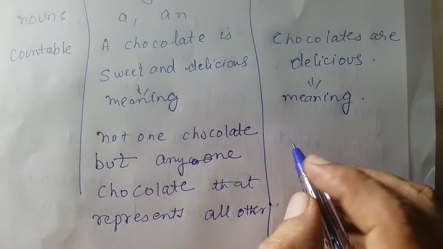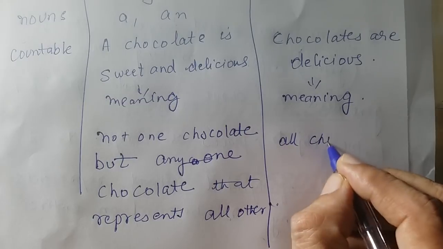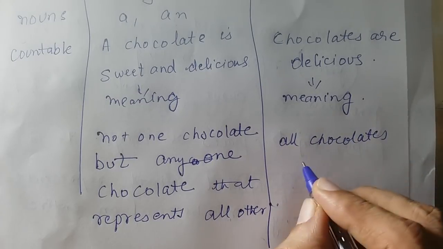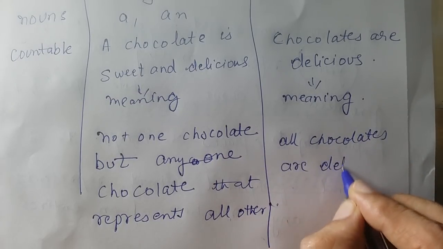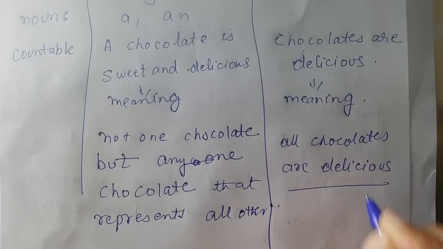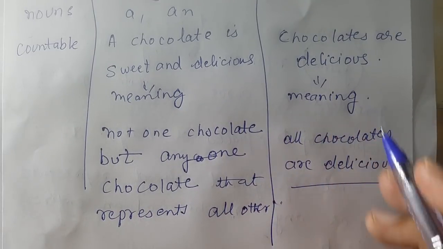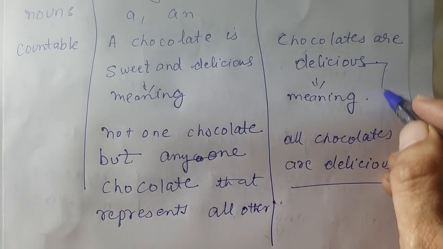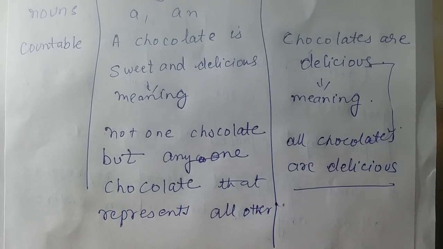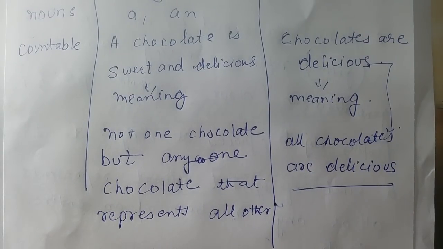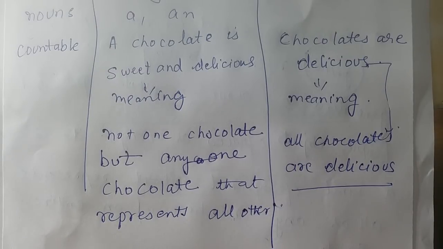Now check please, what's the meaning of all chocolates are delicious. So all, it means this line represents this thing. That's why many, all, in the previous video in reading also I have done many, all, majority, the most.